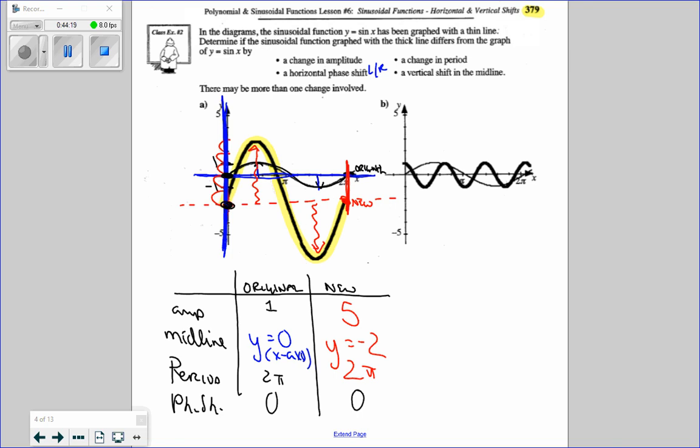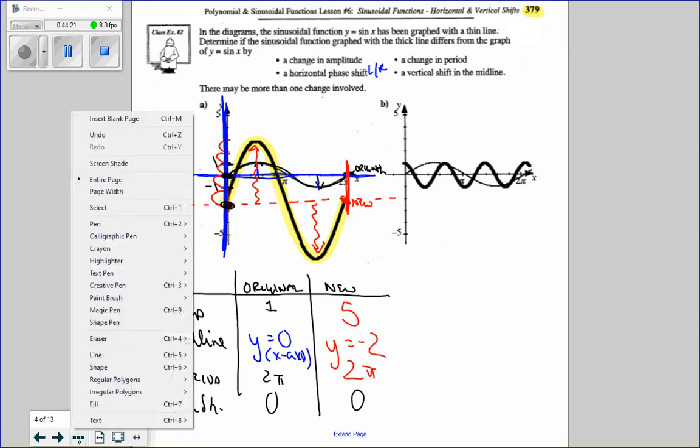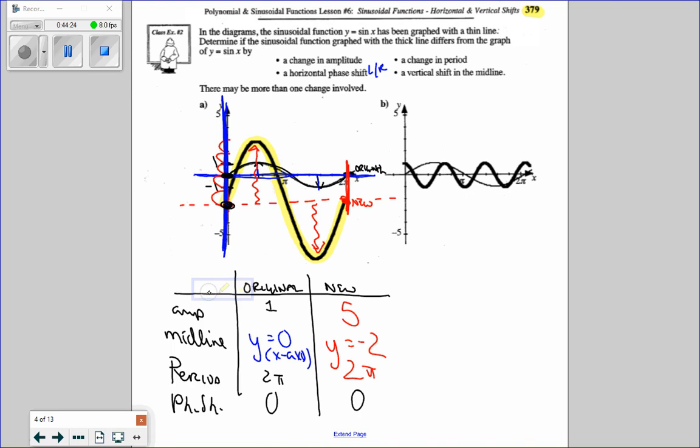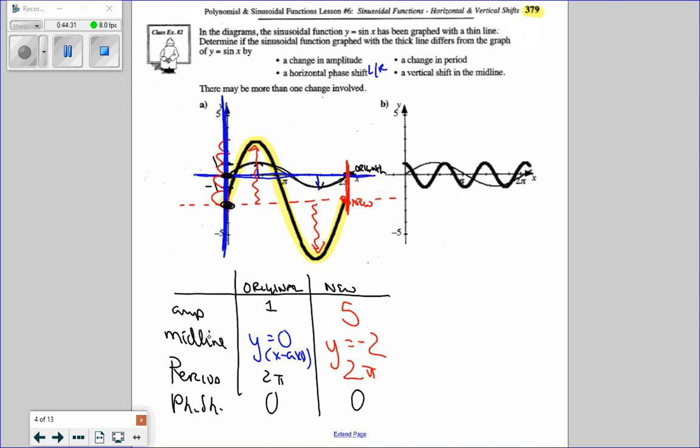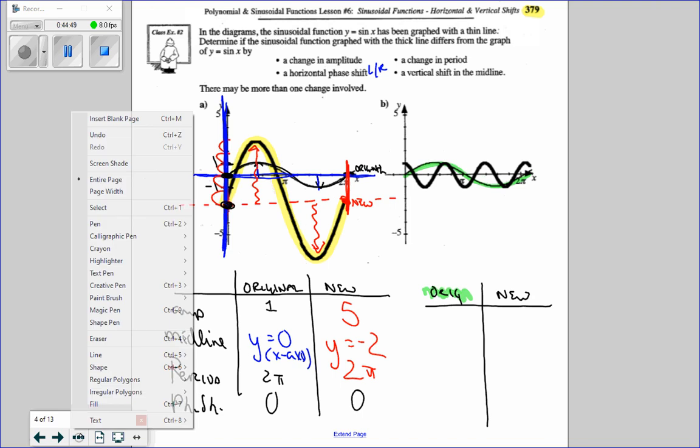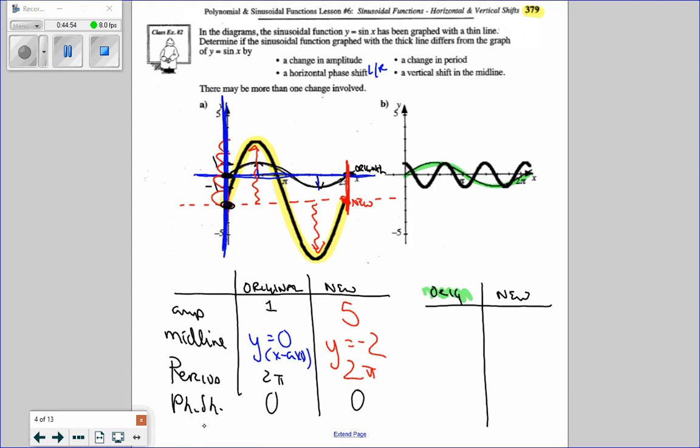Okay. Use 2 highlighter colors, please. So I'm going to use green for the original. So my original is here. There's my original, right? Because the original is the thin line. I'm going to use hot pink for my, now, hold on, don't highlight the whole thing in hot pink.